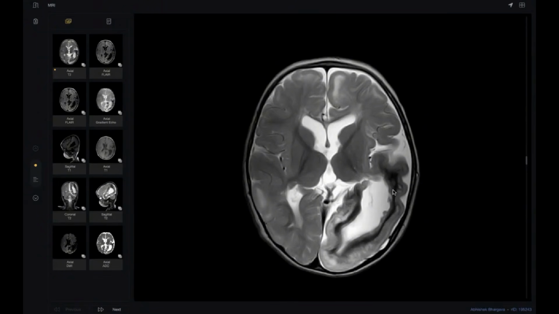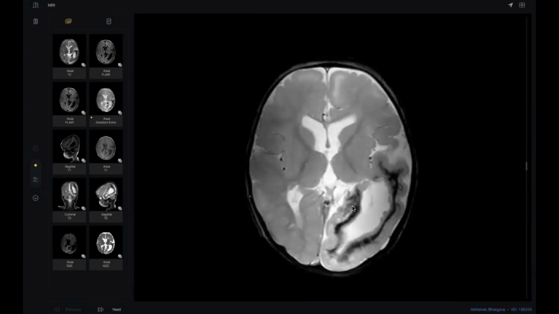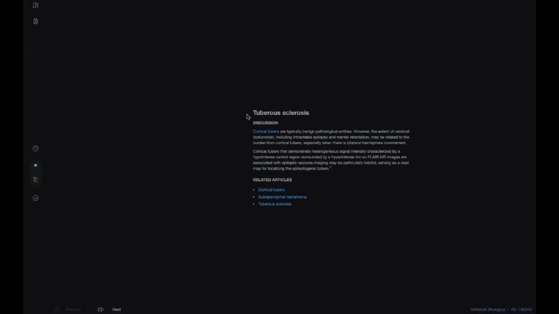Second, this is subependymal, this one is very dark, very clear here in the gradient. Anyway, it is a calcification here. Subependymal here, this one. Marked subependymal low signal or blooming artifact. This is calcification. So our case was tuberous sclerosis.